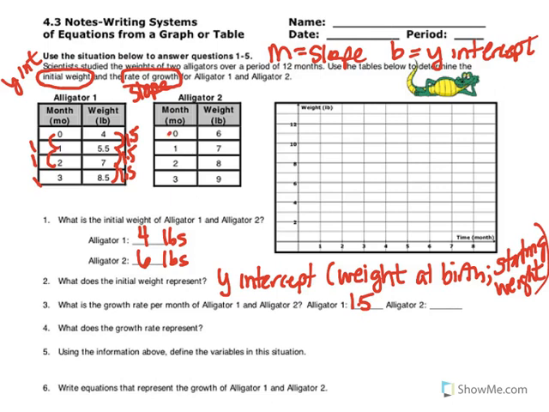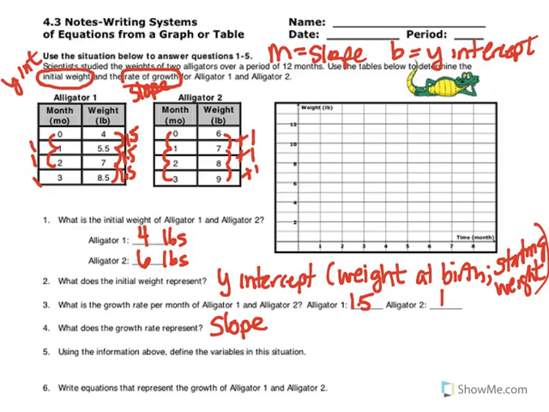For alligator 2, these are all going up by 1s. So his is 1 pound per month. So the growth rate, what does that represent? That represents the slope in this situation. So use the information above and define the variables.